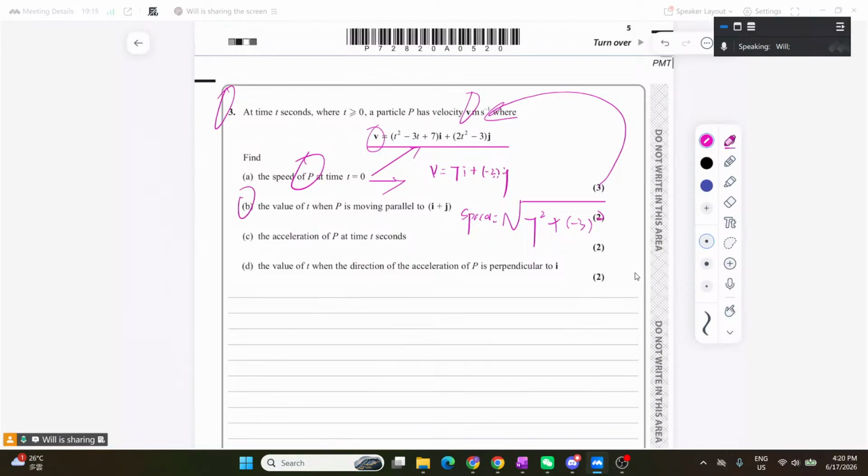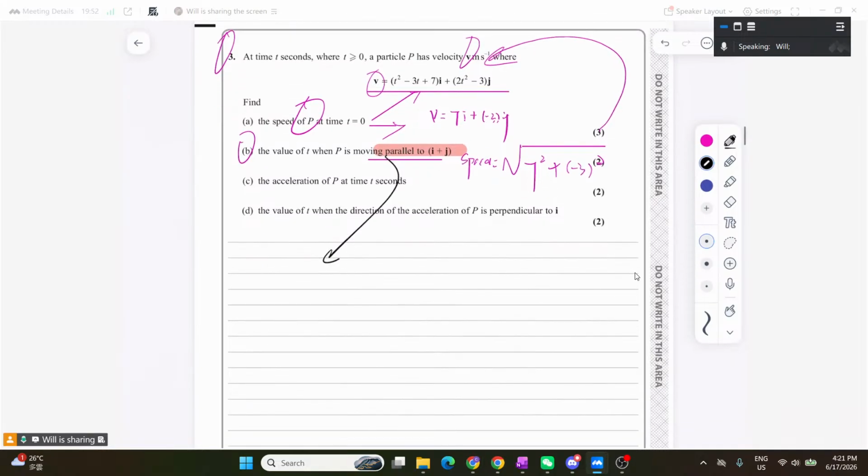For question B, we need the value of t when P is moving parallel to i plus j. Think about how to interpret the condition. How do we explain parallel?